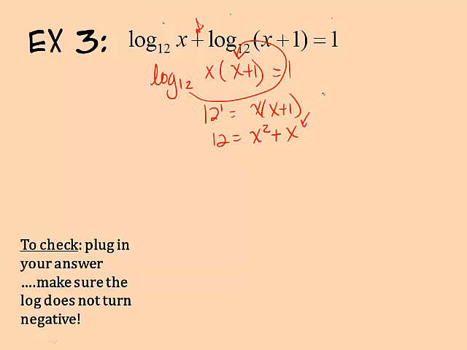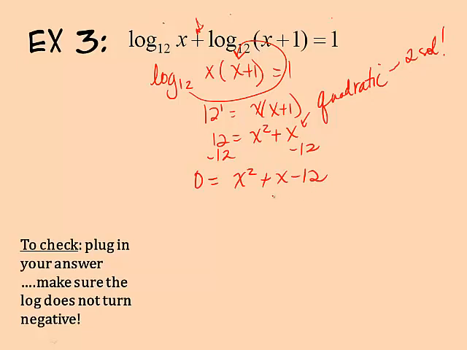So now, look, it's quadratic, which means 2 solutions. But I need to still solve it. So in order to solve it, I need to get 0 on one side of the equal sign. The quickest way to get there is to subtract 12 from both sides. So I have 0 equals x squared plus x minus 12. And then I have to factor it.